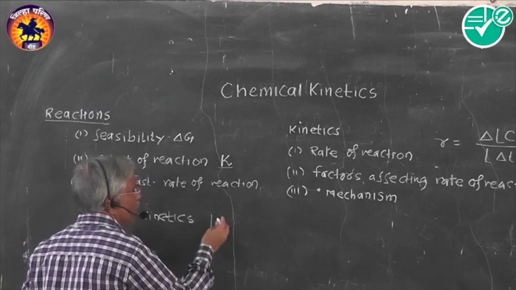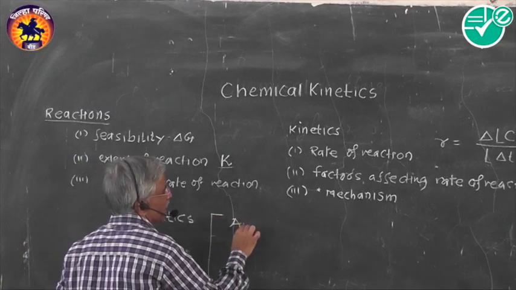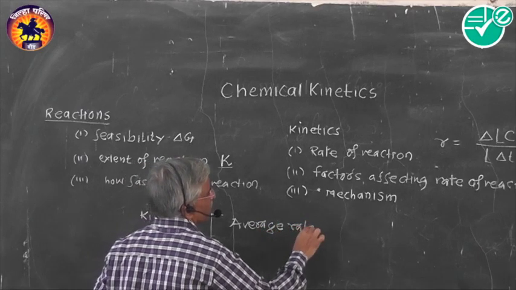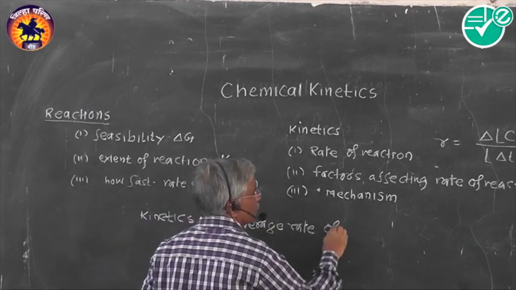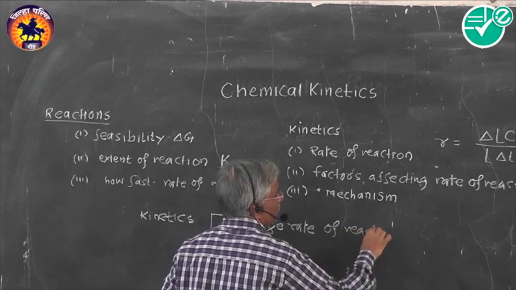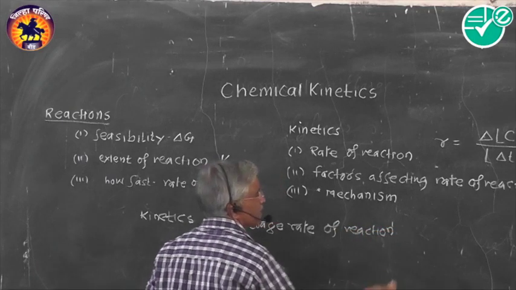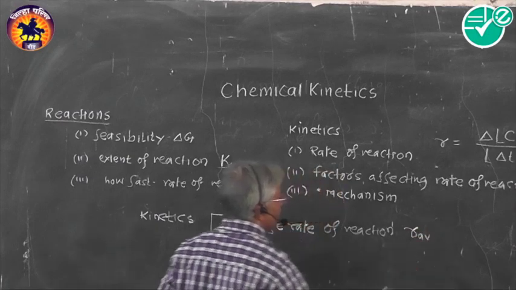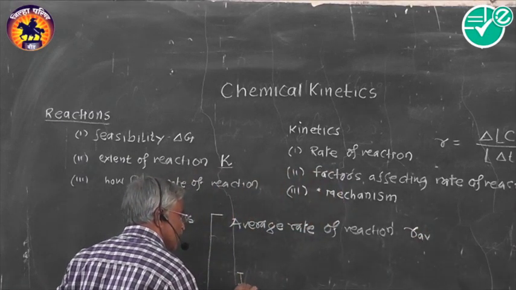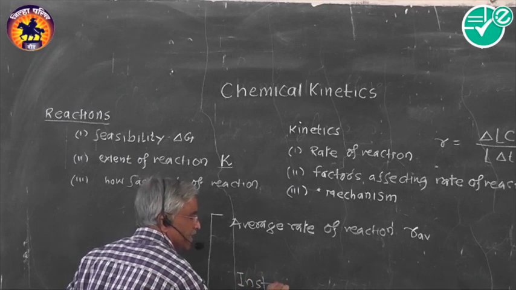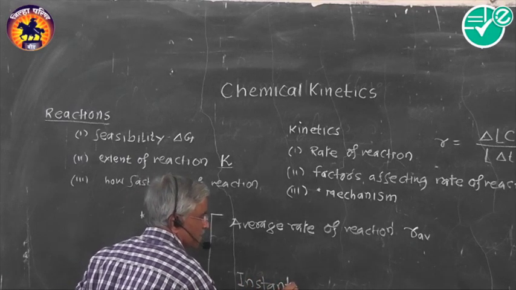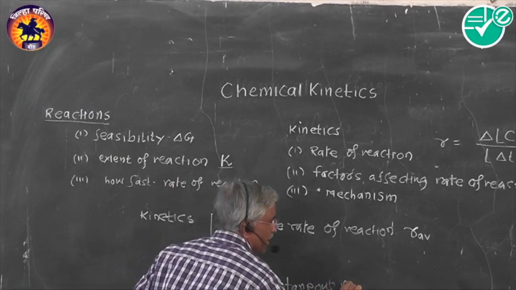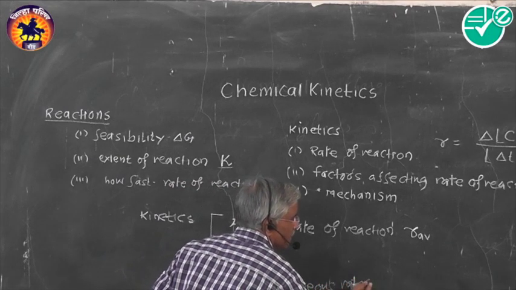The first way of expression is called the average rate of reaction, also sometimes written as R-AV. And the other way is called the instantaneous rate of reaction.